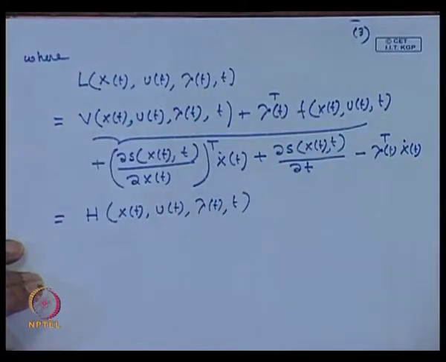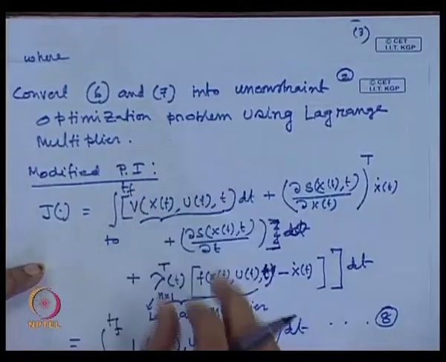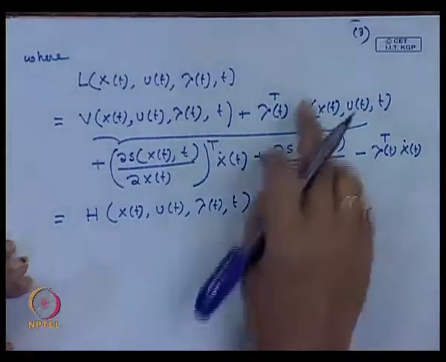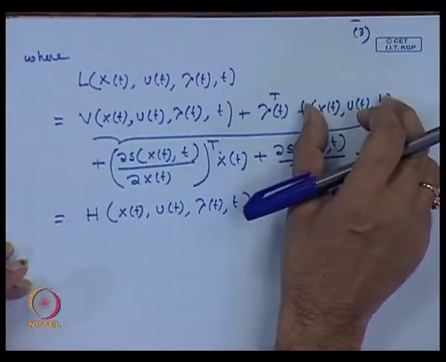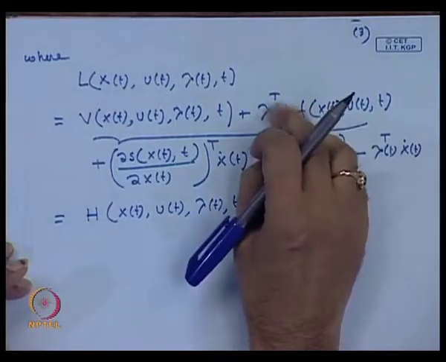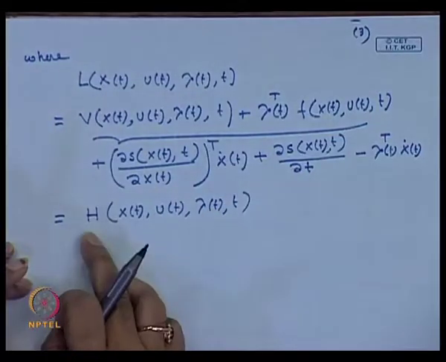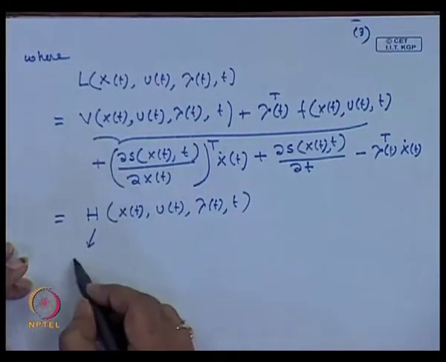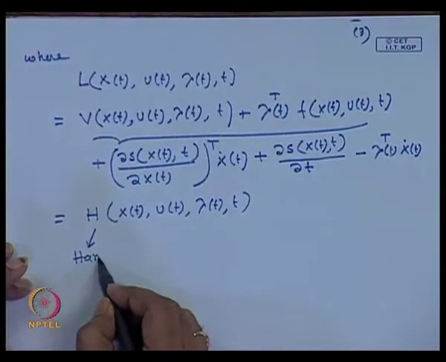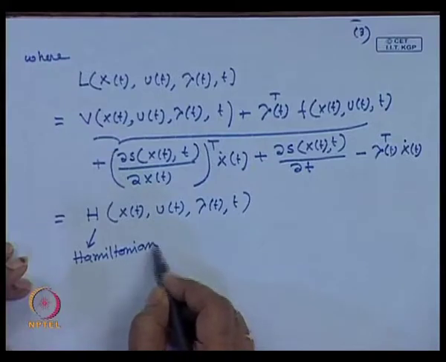That means, if you just consider the integrand part of the objective function, plus the constraint, x dot equal to f, the right-hand side of the constraint multiplied by a vector, that term I am considering a function which is denoted by H, and that H is called the Hamiltonian function.